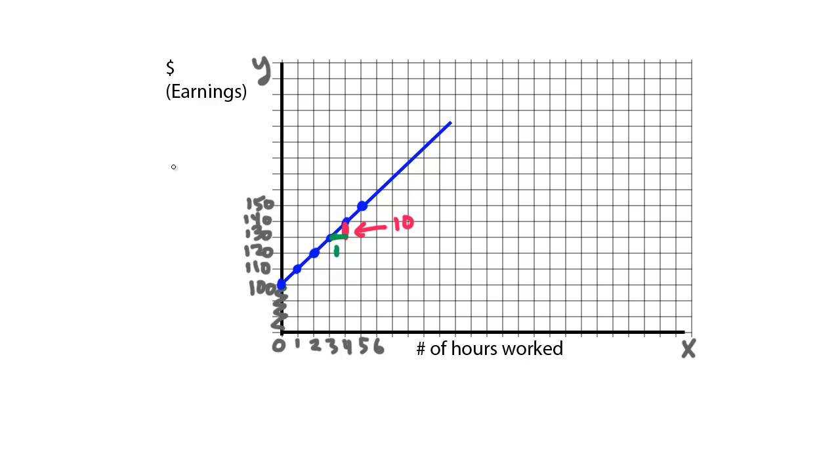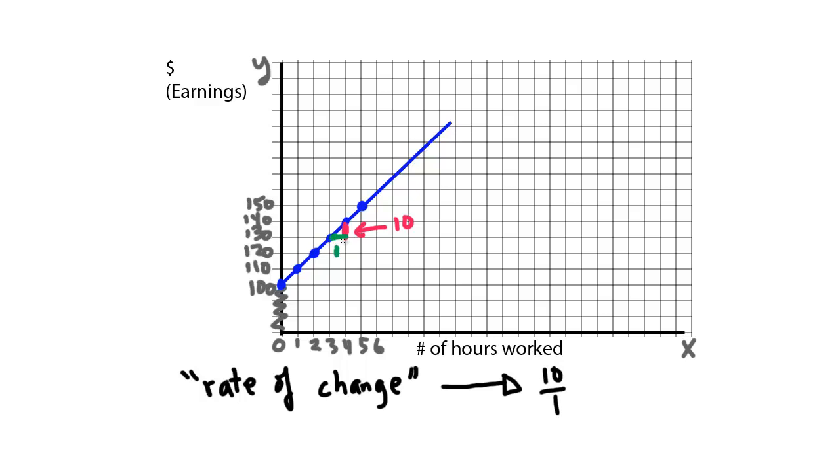So we have a concept that's called the rate of change. That refers to the change in the y, which is the 10, over the change in the x, which is the 1. So I can write this rate of change as just the 10 over the 1.